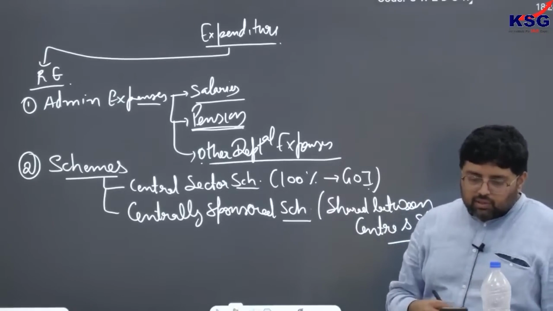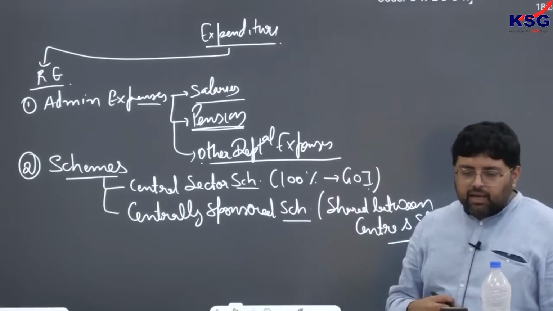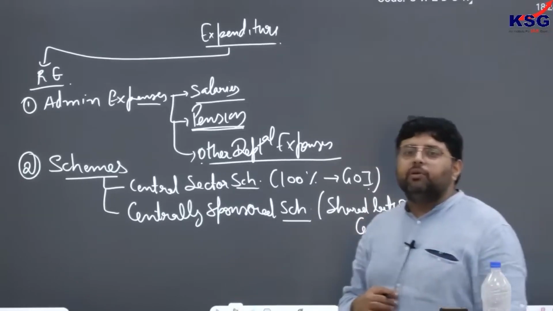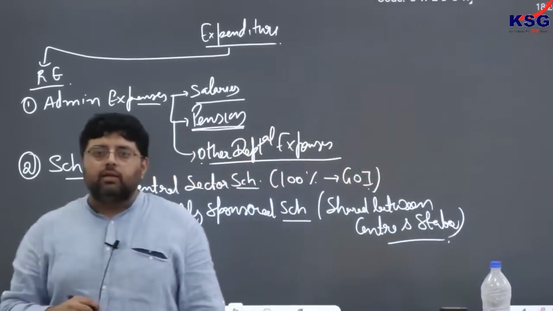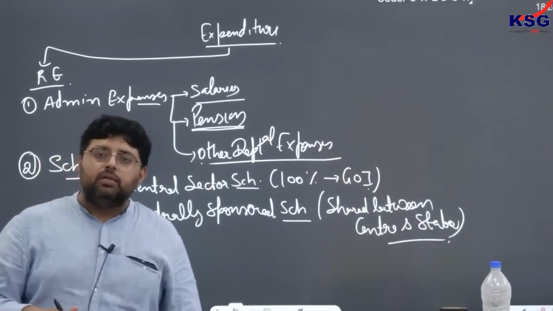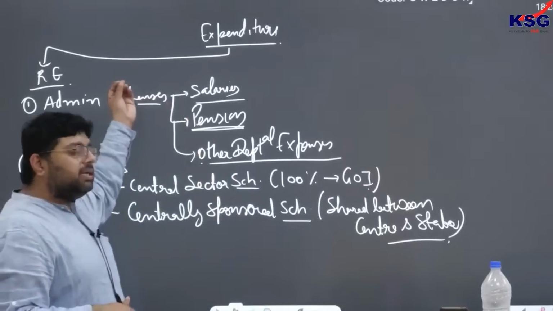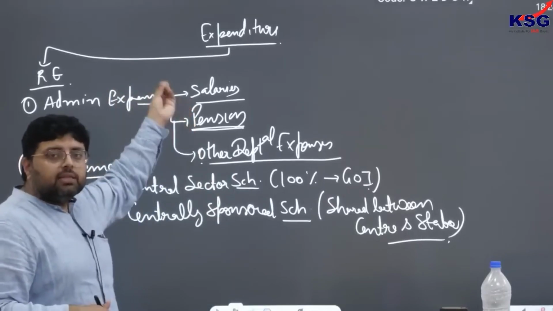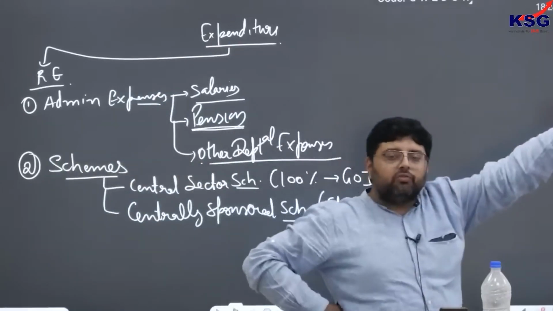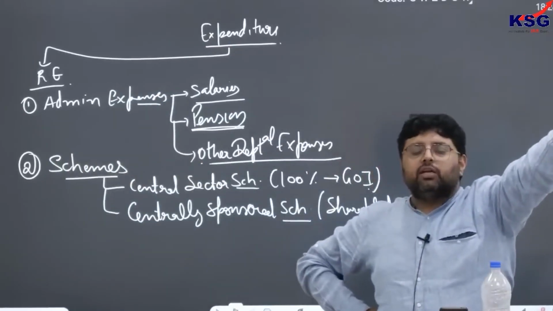One student is asking, sir, FDI कहाँ आएगा? भाई FDI से सरकार थोड़ी कमा रही है यार. ठीक है, FDI is a different thing that we will study in BOP, balance of payment. ओके, तो मतलब FDI से जो पैसा आ रहा है वो कोई कंसोलिडेटेड फंड ऑफ इंडिया में थोड़ी आ रहा है. So I told you that whatever money is coming in the form of receipts, that is going to become a part of, you can say, कंसोलिडेटेड फंड ऑफ इंडिया.